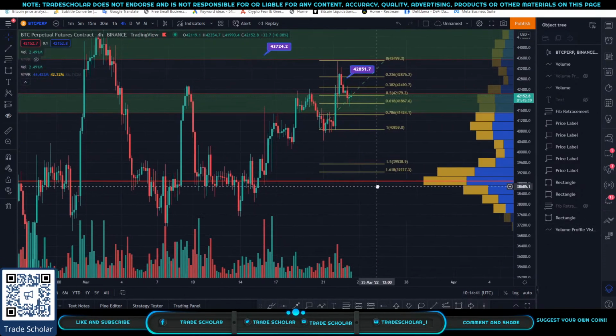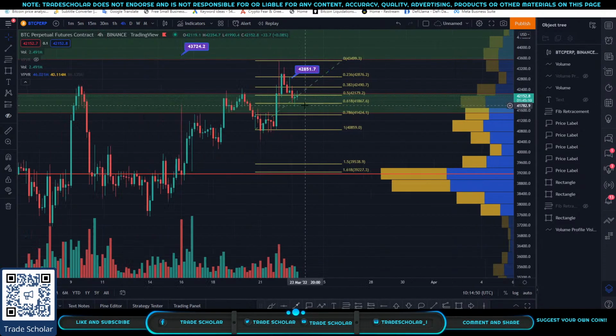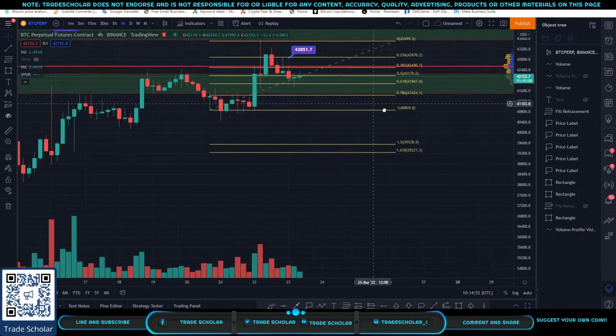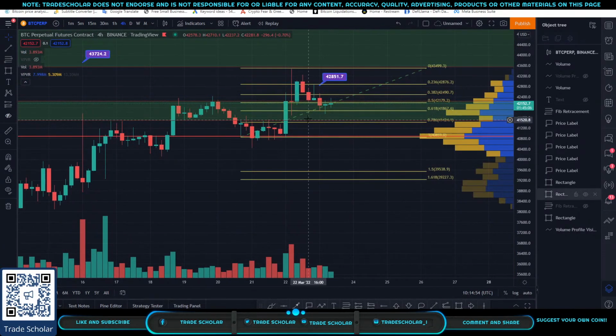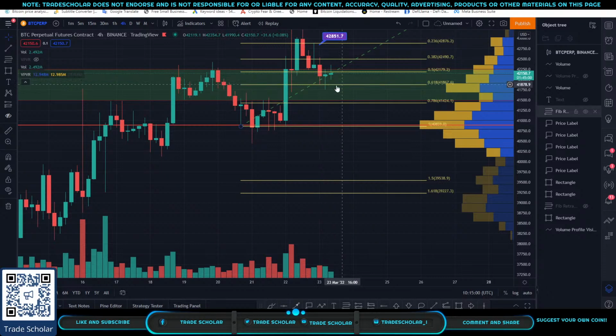Look at this one. This pump right here, rally, and then a retest here of the entry. Okay, there is a retest here. We're trying a retest here, and now after the retest, we have a long wick to the upside. This long wick right here. So that means this is a demand zone here.